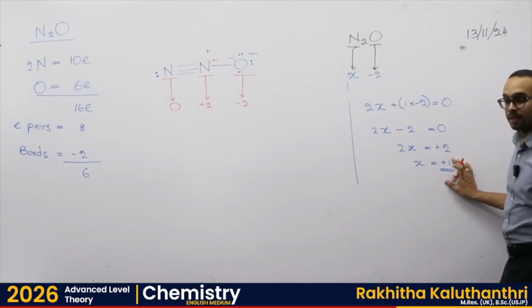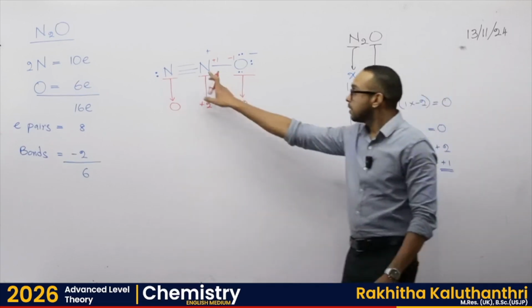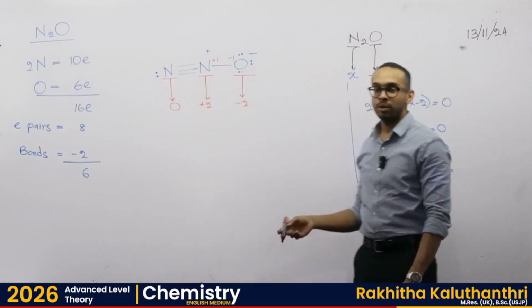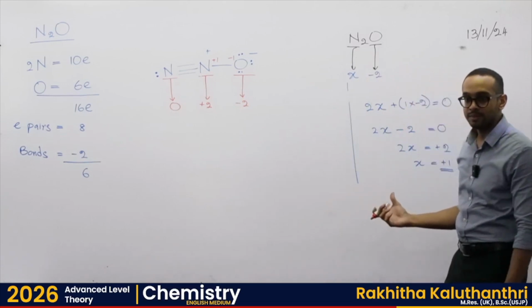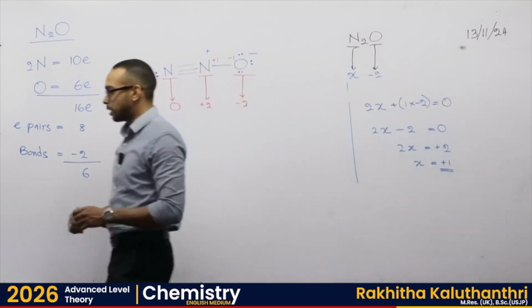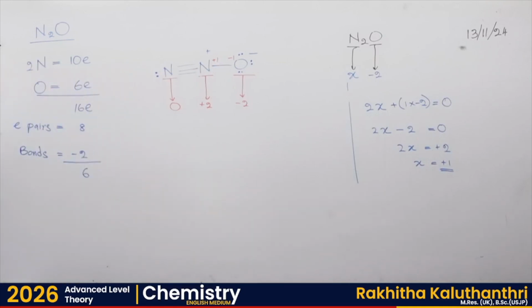Is that clear? That means if you take this oxidation state and this oxidation state, add them together, divide by 2, you get to +1. Is that clear? So that is what we have actually obtained in the previous case. Now you know the actual scenario. Take this down if you haven't actually gotten to this answer.